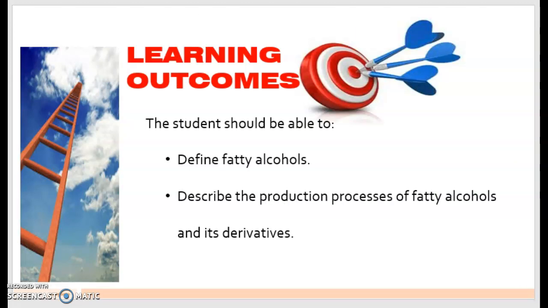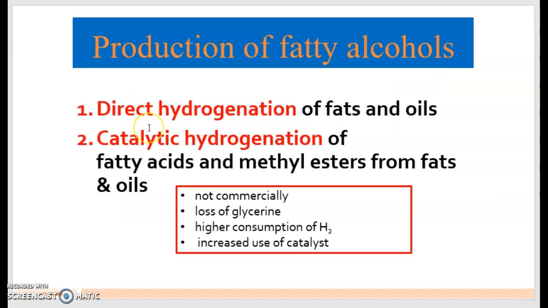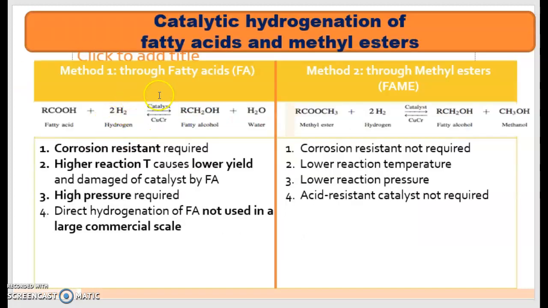So we proceed with the process of the productions of fatty alcohols. As you know, for the productions of fatty alcohol we have two processes, which is the hydrogenations from the fatty acids or from the fatty ester.